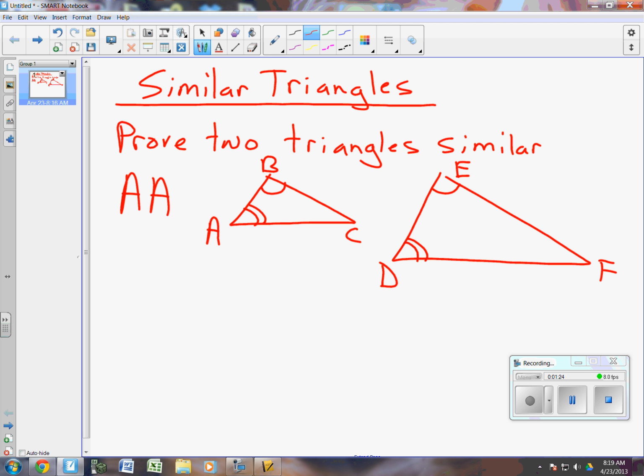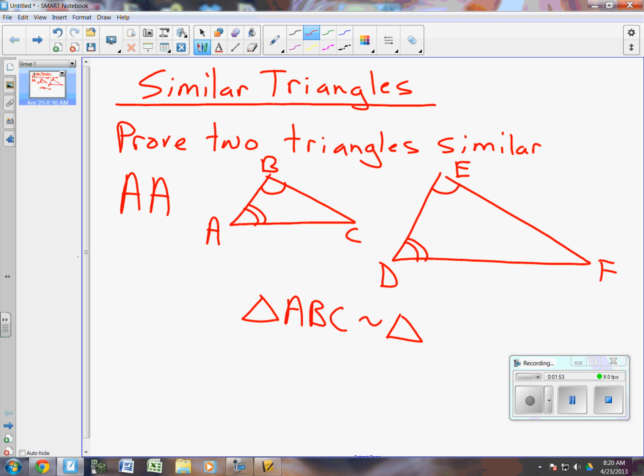And if I was to write a similarity statement, I would write something like triangle ABC is similar to triangle what? And does order matter, by the way? Yes, it does matter. What order would I need to write these next three letters in? The way the angles correspond, right?